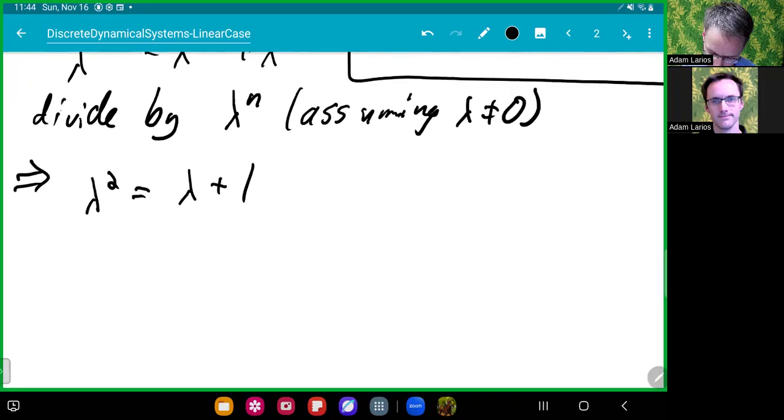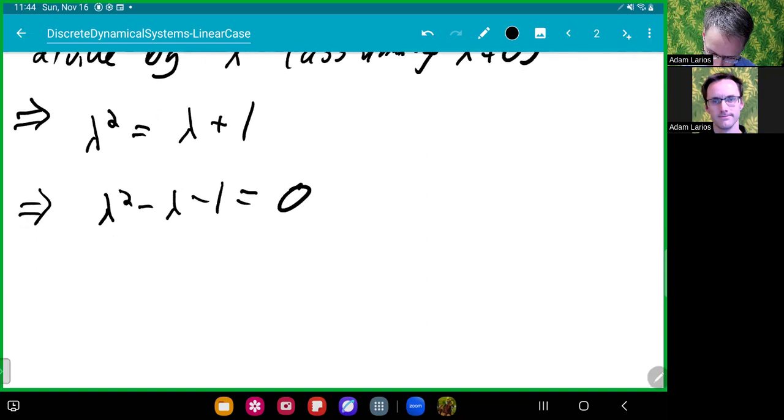But this is a quadratic equation, and we can solve it. So maybe writing it in the standard quadratic form, we have something like this. And already some of you might recall this very famous relationship, this polynomial. A number squared is the same as just adding 1 to that number. So let's see what numbers satisfy that.